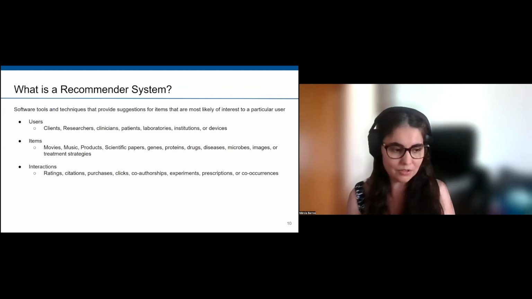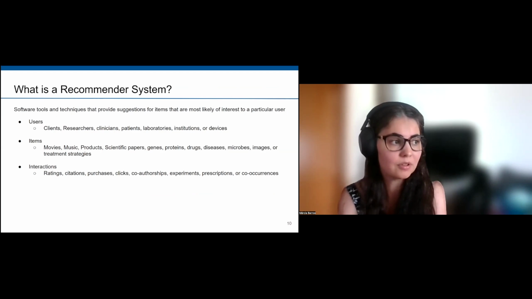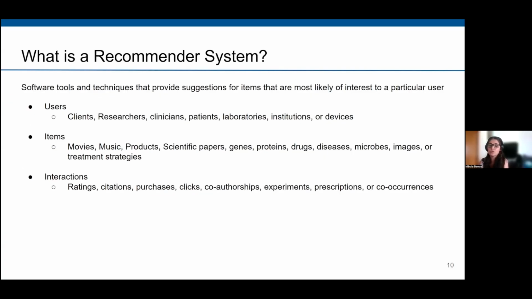What can this user be? Usually people associate users to users of a system, or clients of a platform, but these users can also be researchers, clinicians, patients, laboratories, institutions, devices, and so much more, as we will see along this lecture.